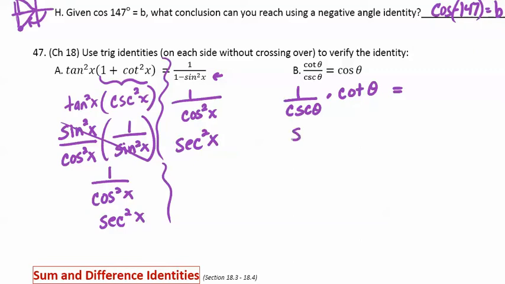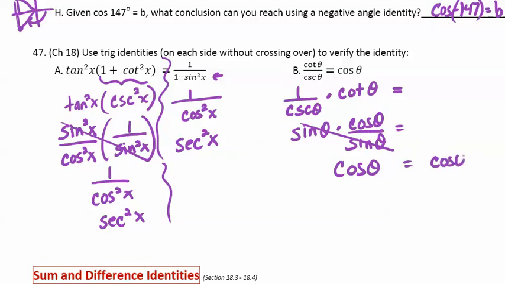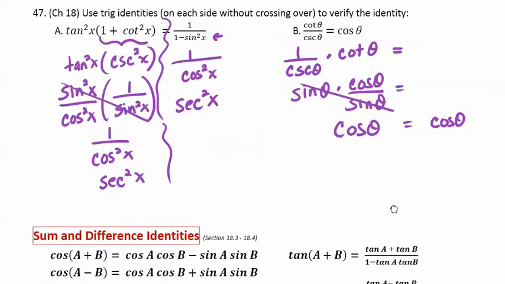If we flip cosecant back to its reciprocal, this would be sine of theta. And what is cotangent? Cotangent is cosine over sine. And again, we verified that cosine theta on the left side is indeed equal to cosine theta on the right side. So that's the idea of verifying identities.